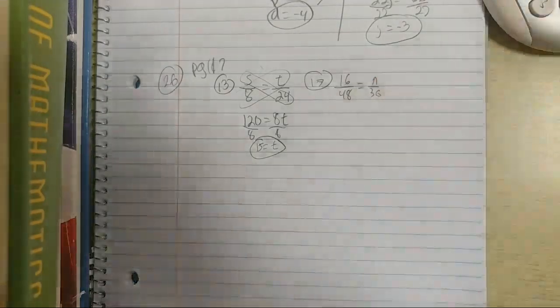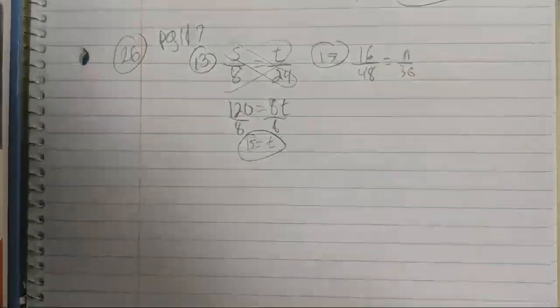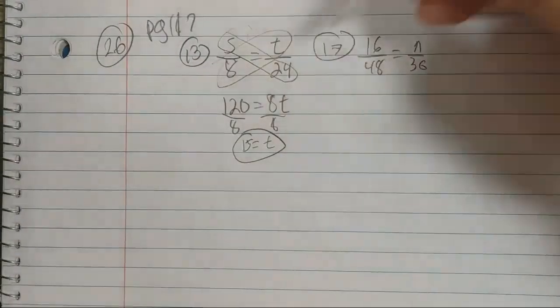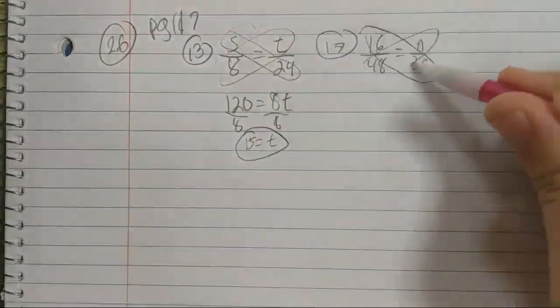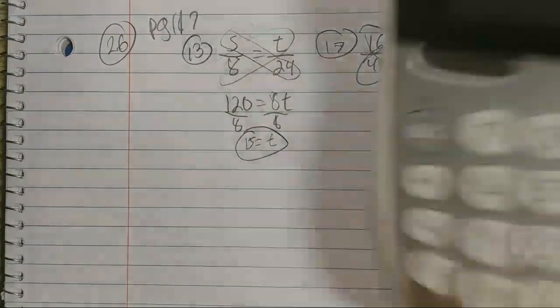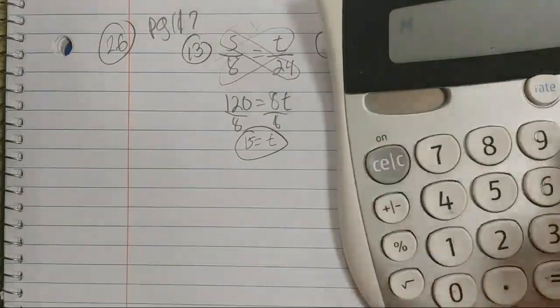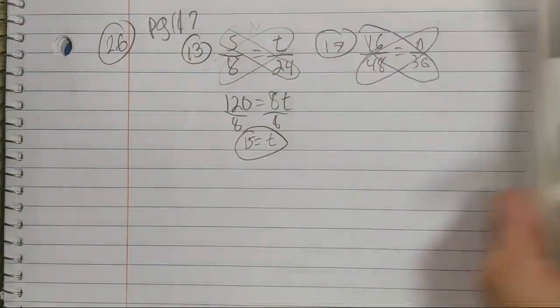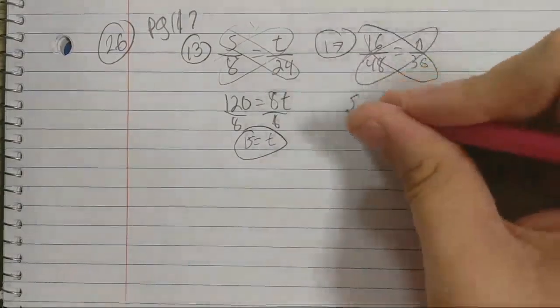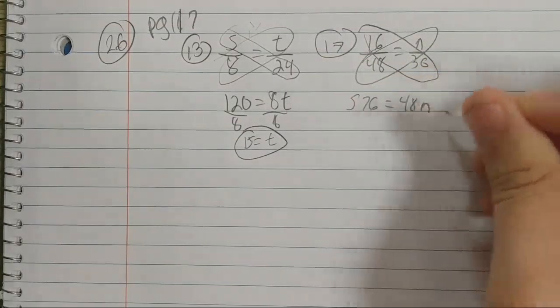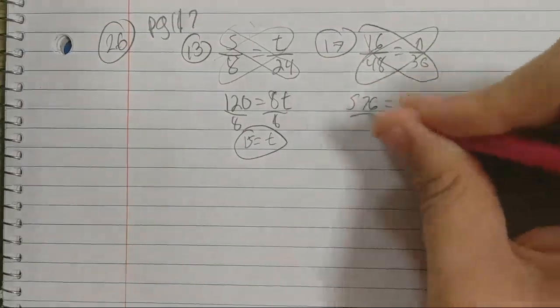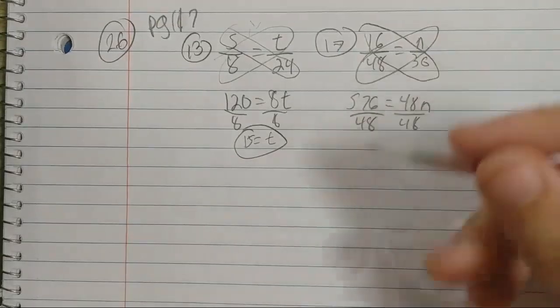So again, I am going to cross multiply. I am going to do 16 times 36 here and 48 times n. 16 times 36 equals a big number, 576, equals 48n. Divided by 48, divided by 48. Notice that this pattern is always the same.